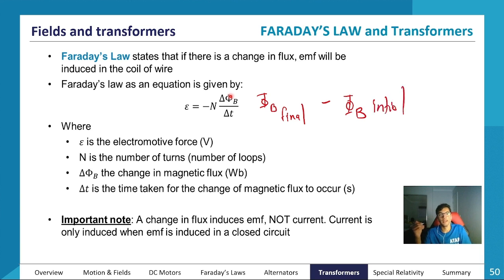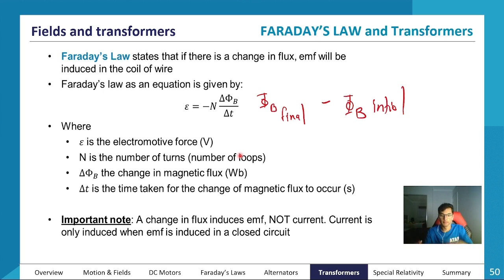From that, you divide by the time it takes to go from full flux to zero flux, and you multiply that by the number of loops, so the number of wires, and you will get the electromotive force, which is a fancy way of saying EMF, which is another fancy word for voltage.